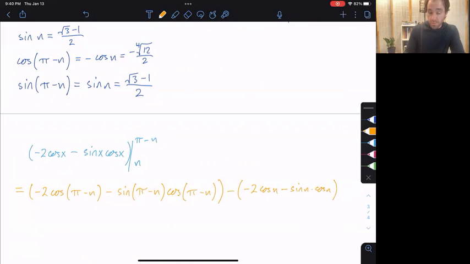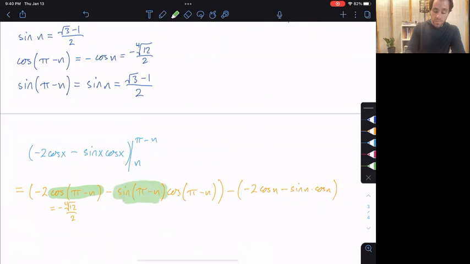It's about to get simpler, because remember that this cosine of pi minus n, let's see, bingo, right up here, is negative fourth root of 12 over 2.